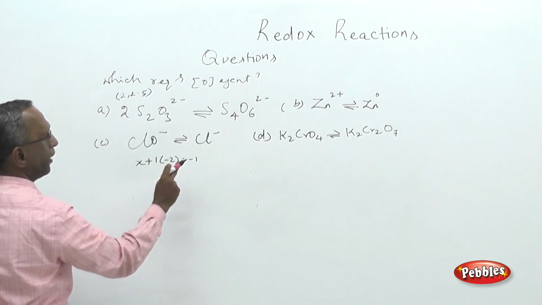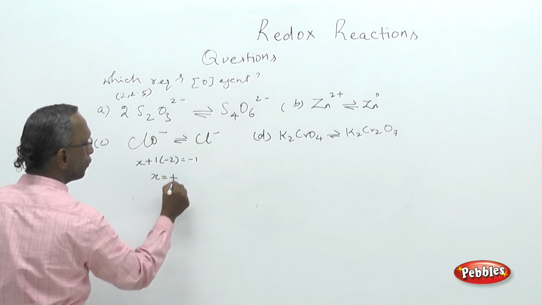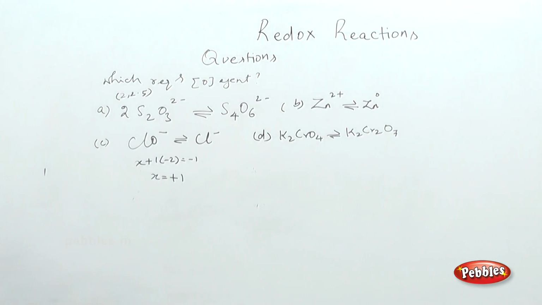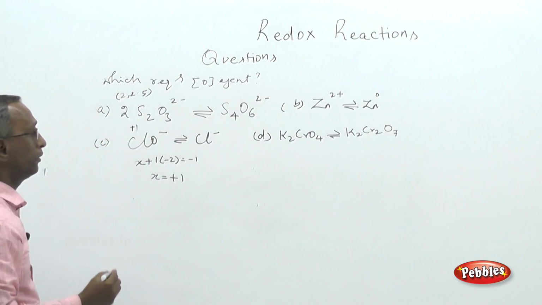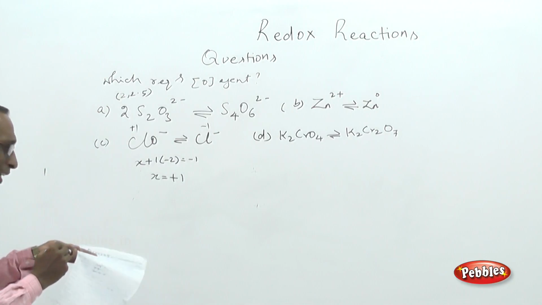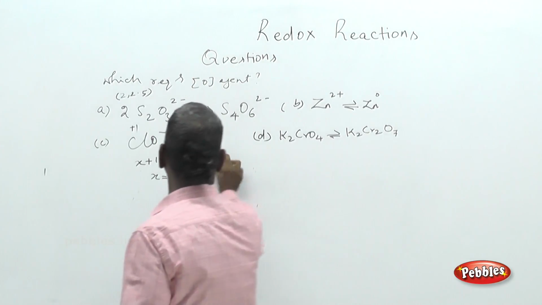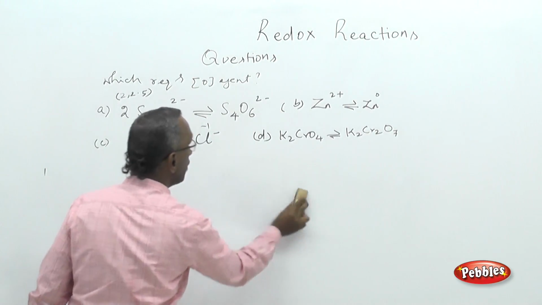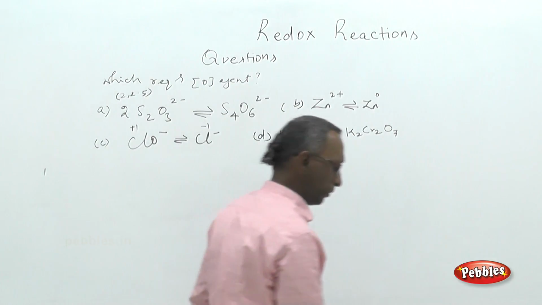So x minus 2 equals minus 1, or x equals minus 1 plus 2, x equals plus 1. So the chlorine oxidation state in the reactant is plus 1. In the product, chloride, it is minus 1. So there is a decrease in oxidation state. This is also an example of a reduction reaction. So B is a reduction reaction, and C is a reduction reaction.